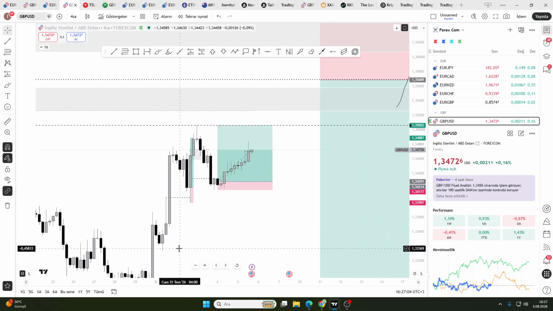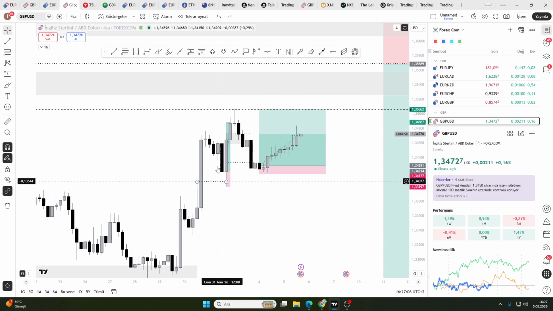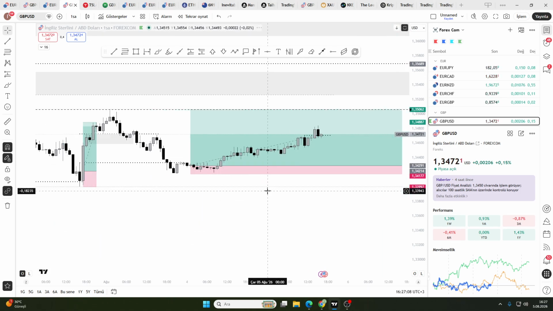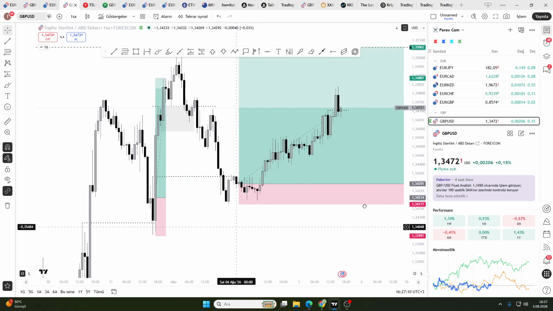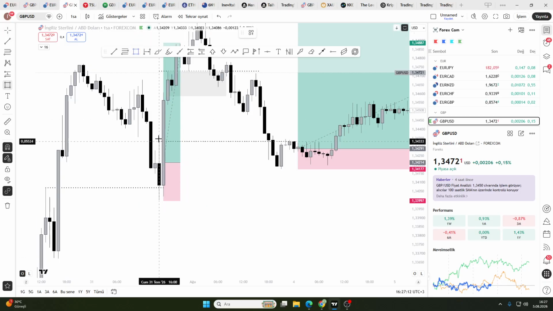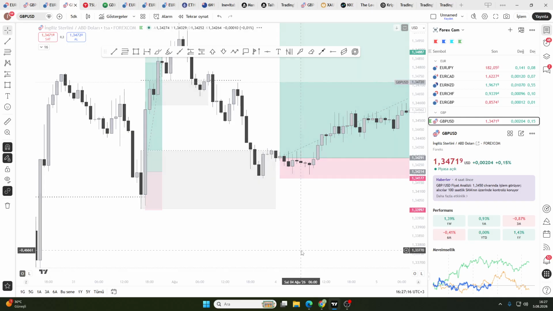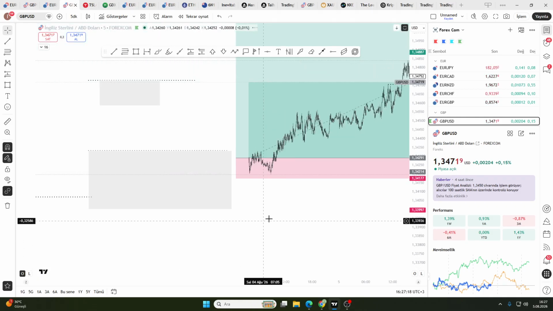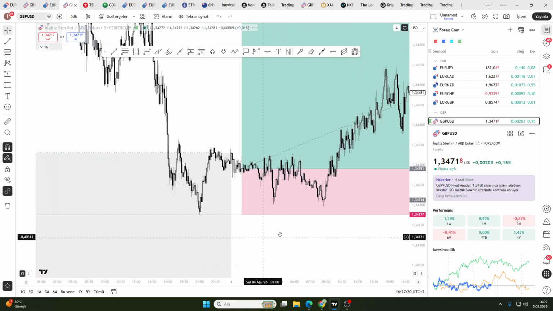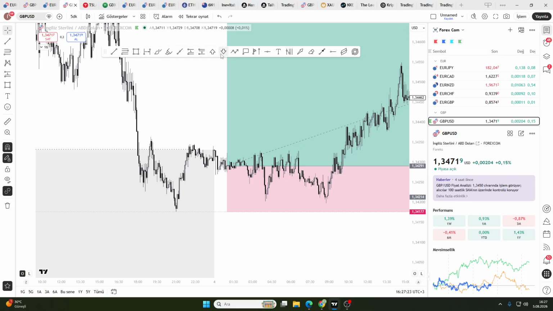So let's look at why I take longs here. If you go to the 1 hour chart, we can clearly see this is a 1 hour demand zone, and after we go to 5 minutes, we can see price is bearish.